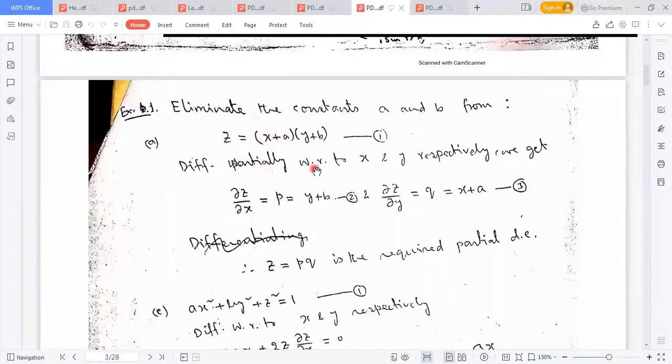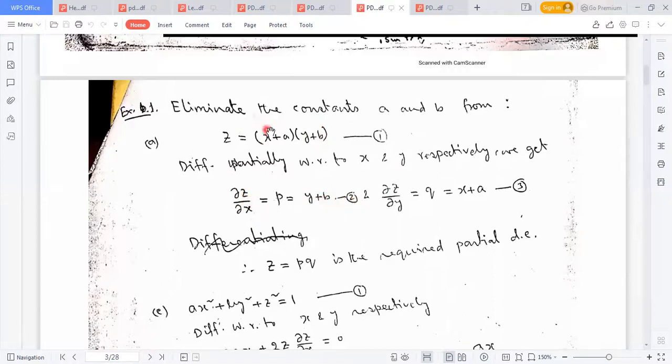Now differentiating partially with respect to x and y respectively, del z del x will be, and b remains constant because of partial differentiation. So x plus a, differentiation will be 1, so 1 into y plus b.